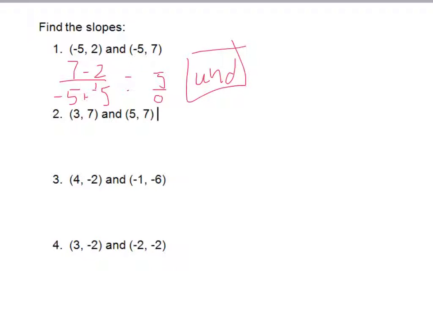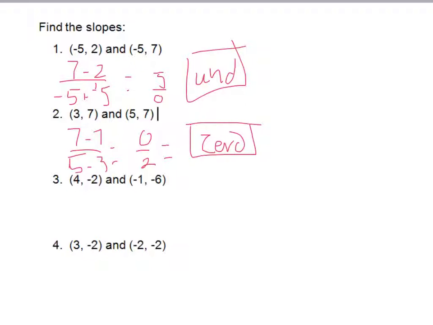That's a no-no. Example 2 would be 7 minus 7 over 5 minus 3, which would be 0 over 2. So we have 0 over a number, that's when it's a 0 slope. So it would be a horizontal line.